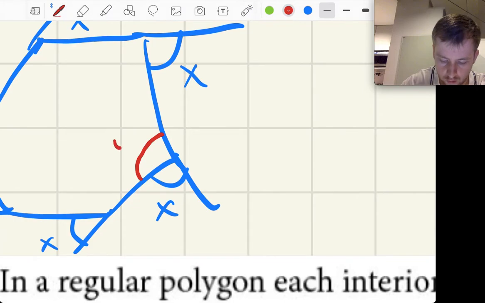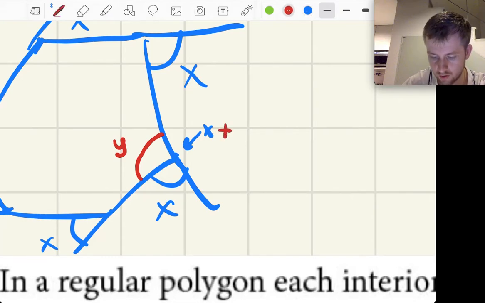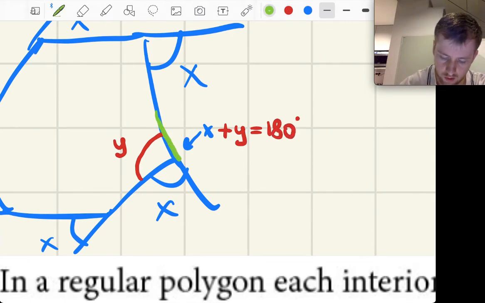So internal angle and external angle always add up to 180 degrees, because they are on a straight line.